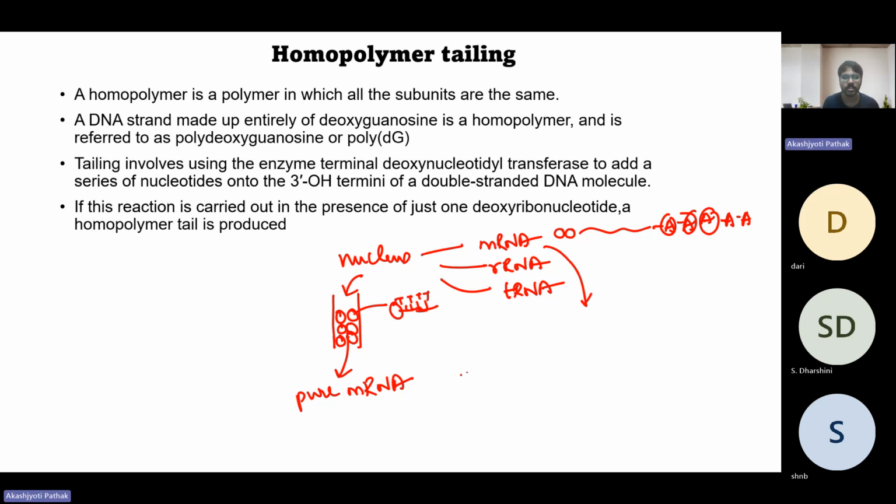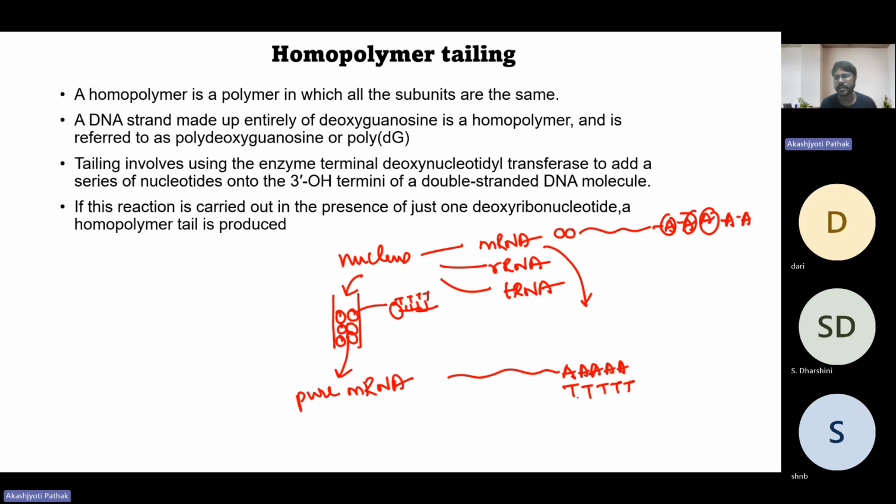So basically your mRNA will have this poly A tail, and you can take an oligo-dT primer.